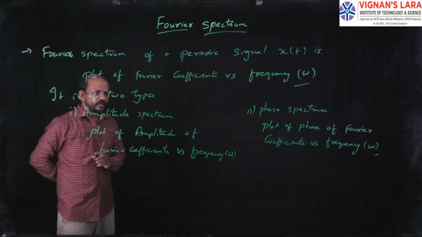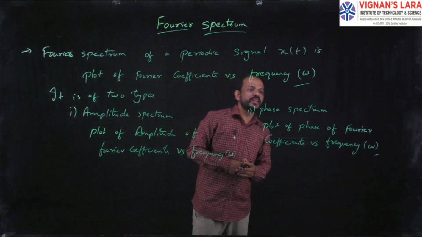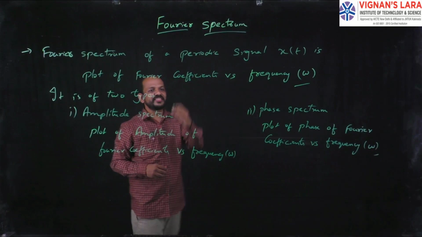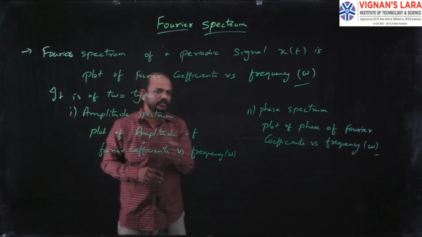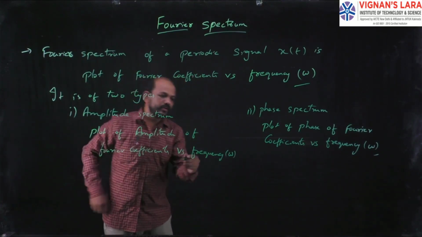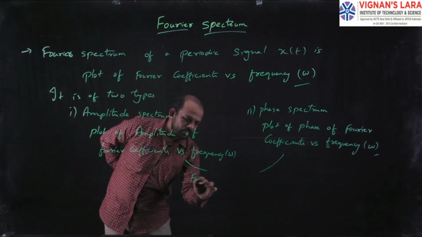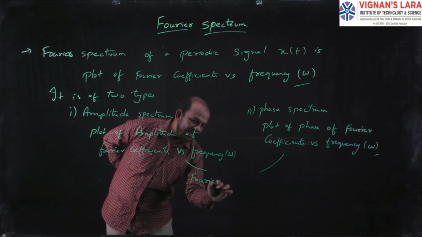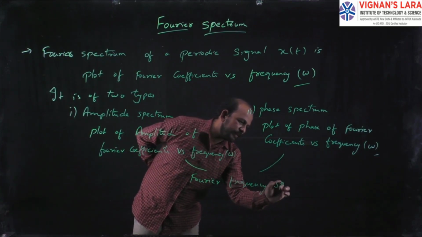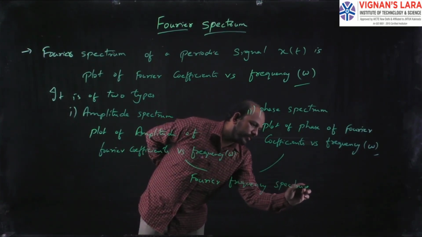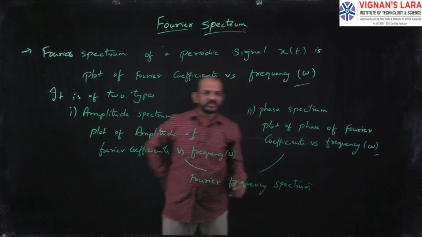So the combination of these two plots is known as the Fourier frequency spectrum of the periodic signal x of t.